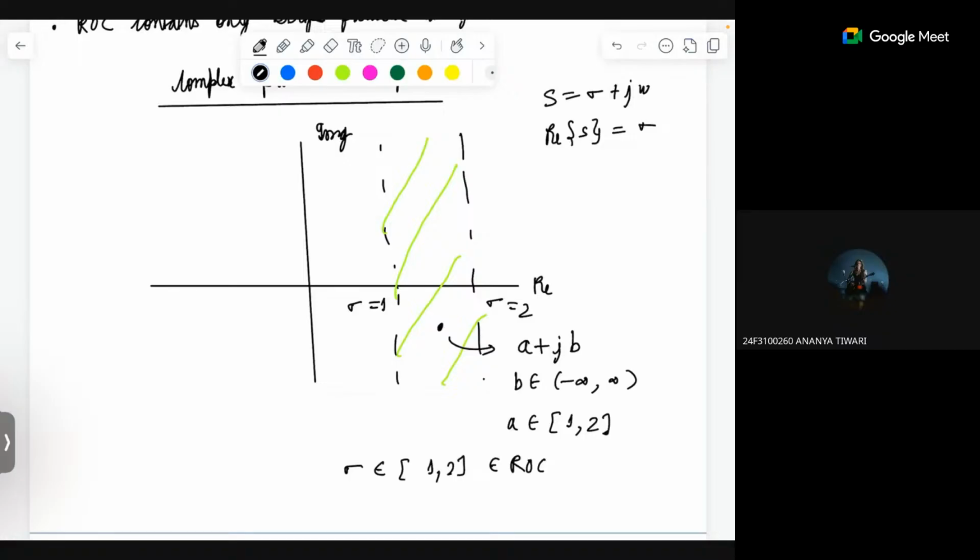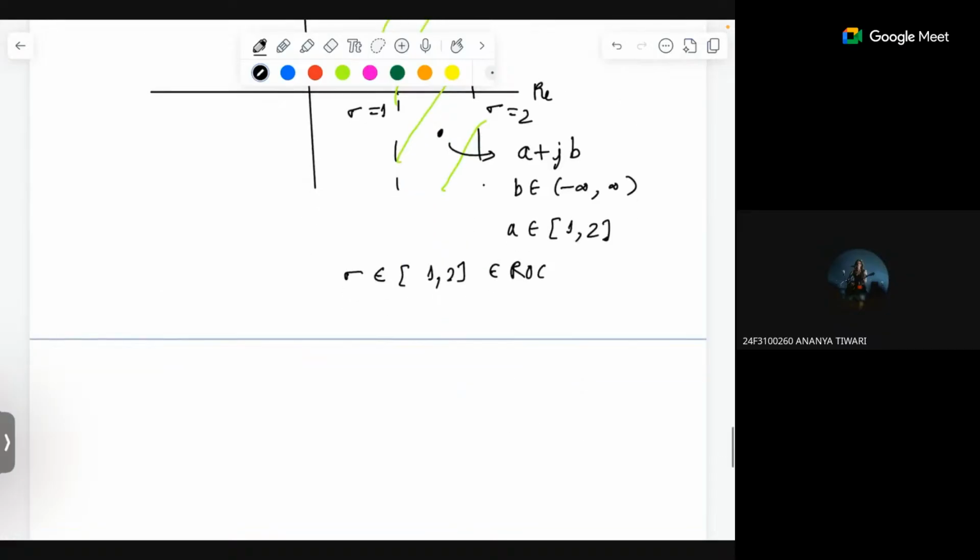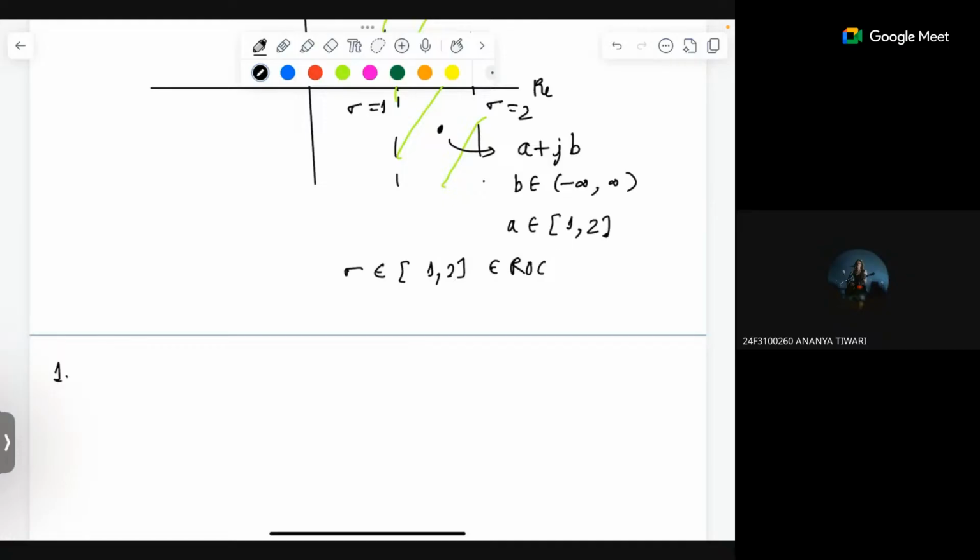Yes, ma'am. Now I will tell you what the ROC will be for some particular kind of signals. So let us quickly see that. If x(t) is a finite duration and bounded signal, then ROC for that x(t) will be the entire S plane.